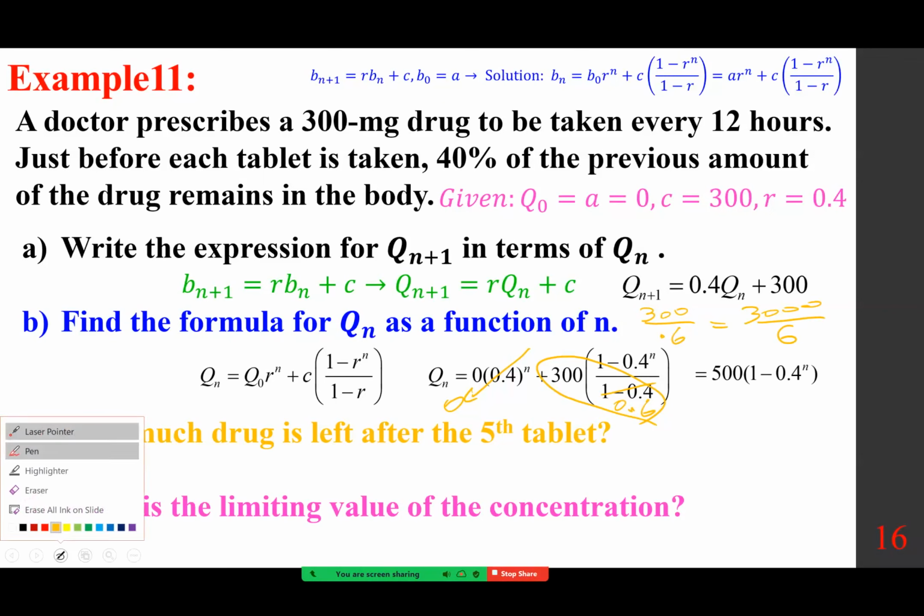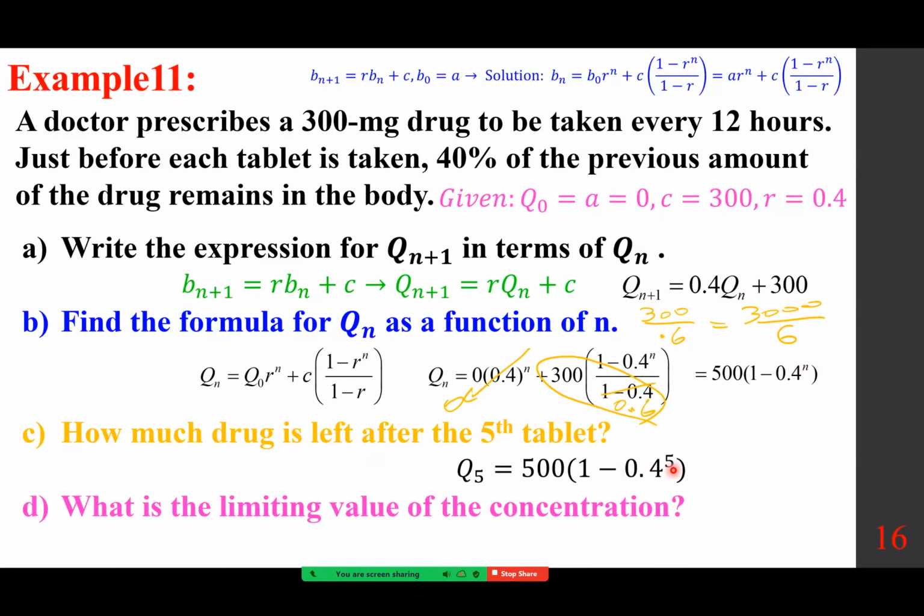For example, here, how much drug is left after the 5th tablet? Replace the n with 5. Use a calculator. And this is how much is left in the body after the 5th tablet. What is the limiting value?